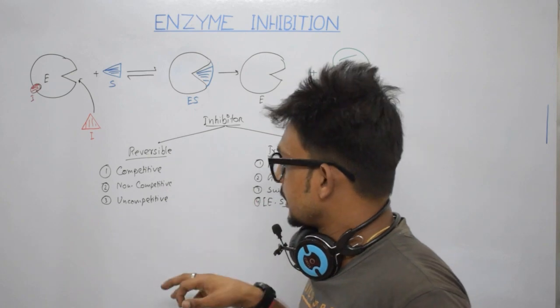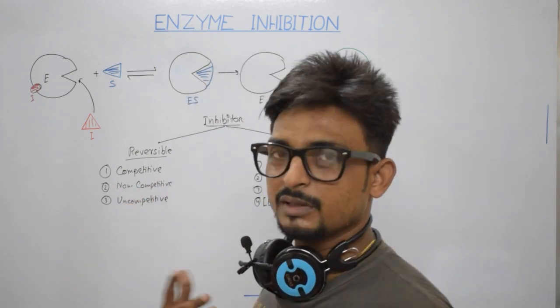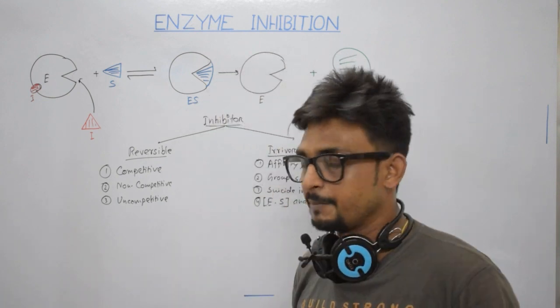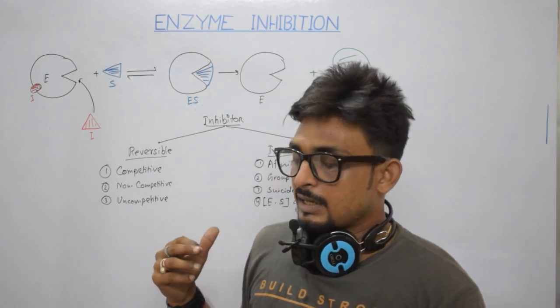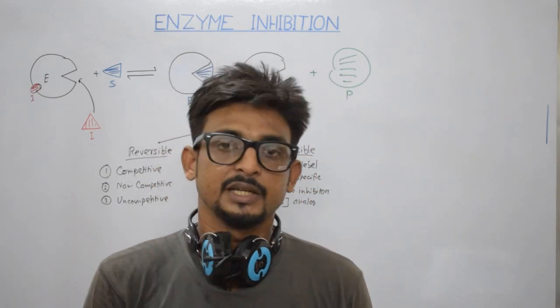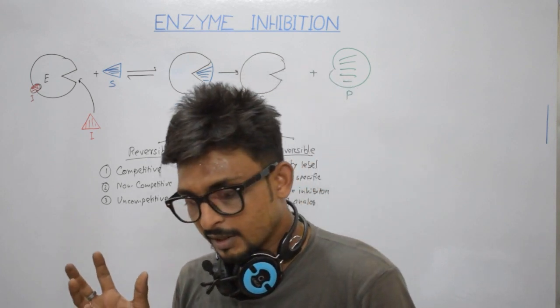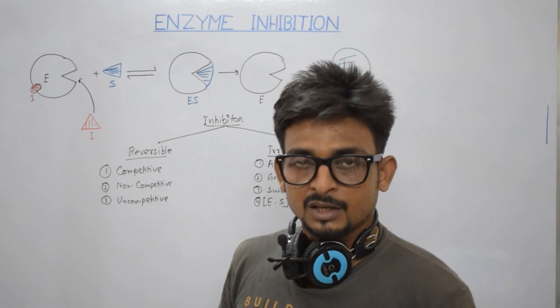Now here let me tell you a little bit about the reversible and irreversible, and each of those in a very brief way, okay. So reversible means, as the name suggests, that when the enzyme binds with the inhibitor, or when the inhibitor binds with the active site of the enzyme, then what will happen?